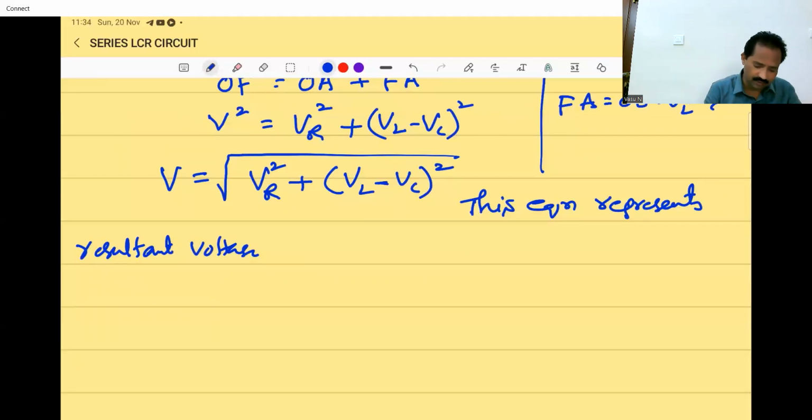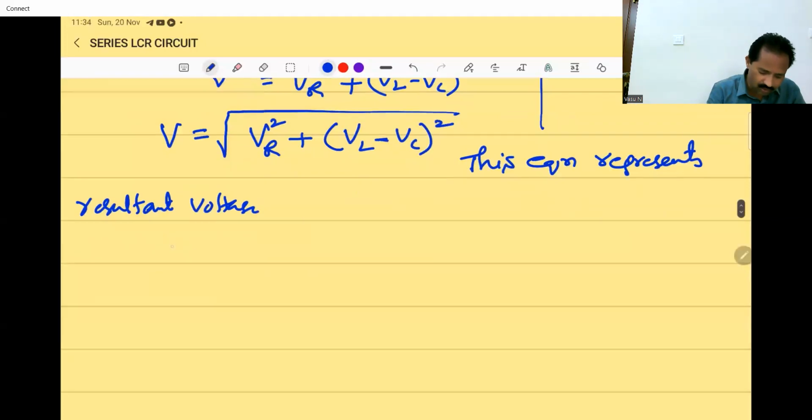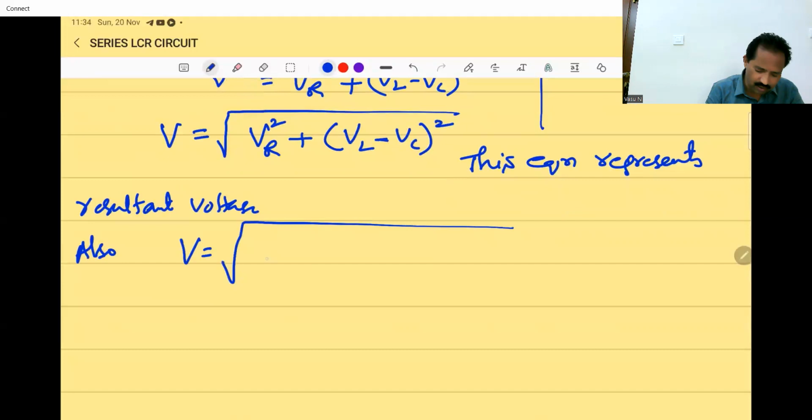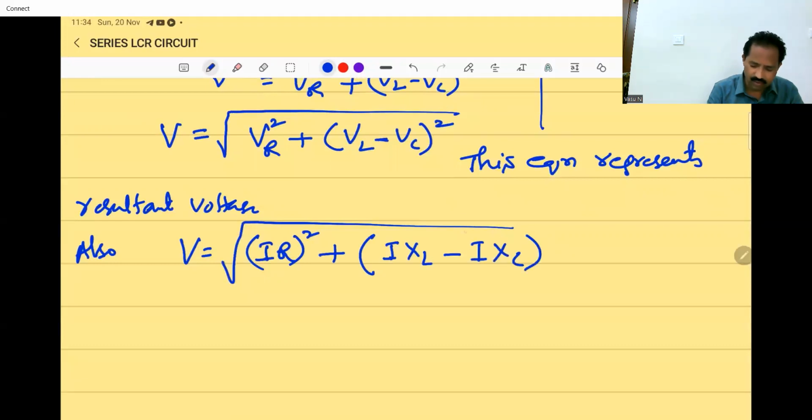Now let us substitute that. V is equal to, also V is equal to under root. What is VR? I into R whole square plus what is VL? I into XL. What is VC? I into XC whole square. Okay, makla? You should write down correctly.